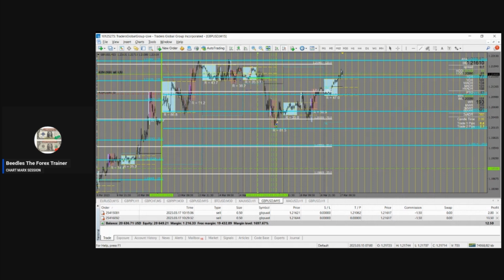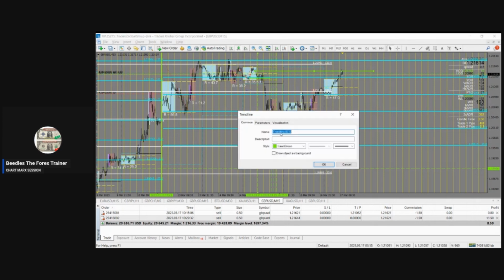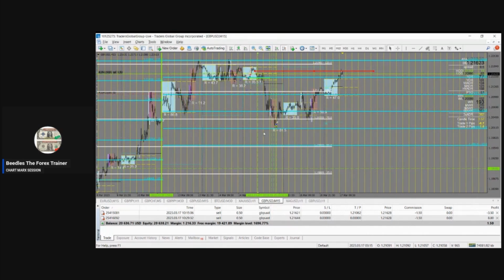And so if I draw my trend line right across the top of here like that, this is currently where prices are currently being controlled. Excuse me, right in here.